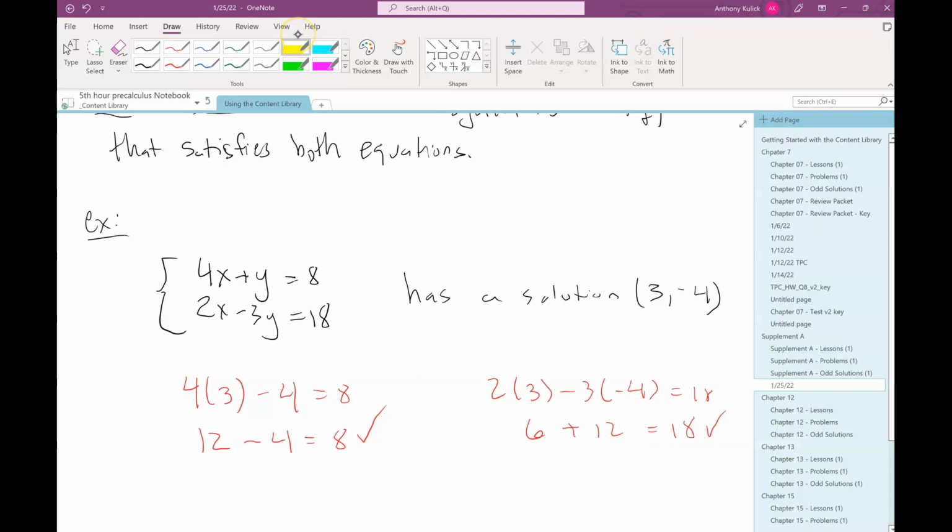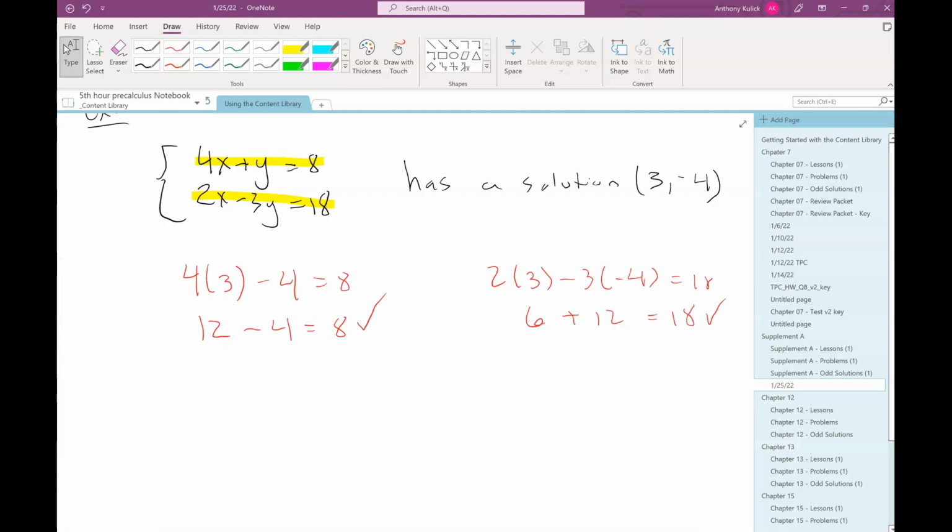So the question then remains, how do we find these solutions? One way we can do that, if we think about each of these being linear equations, that means that I could also represent them graphically with a line.